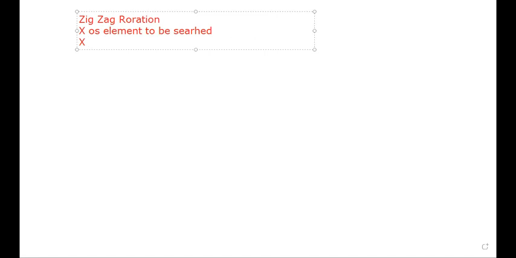So the other rotation is called the zagzig rotation. This rotation is required when X is the element to be assessed, and X has a parent and a grandparent node.